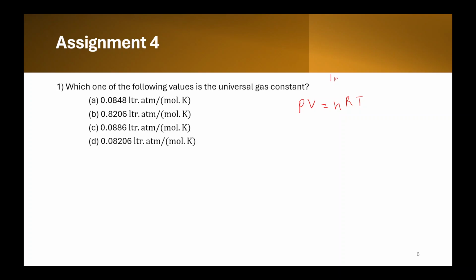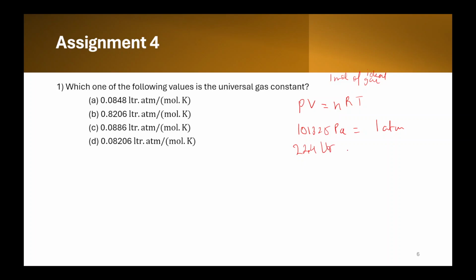Suppose there is 1 mole of ideal gas, and we want to calculate the value of the universal gas constant in these units, liter atm by mole Kelvin. At standard temperature and pressure, pressure will be 101,325 Pascal, but you want it in atmospheres, so 1 atm.